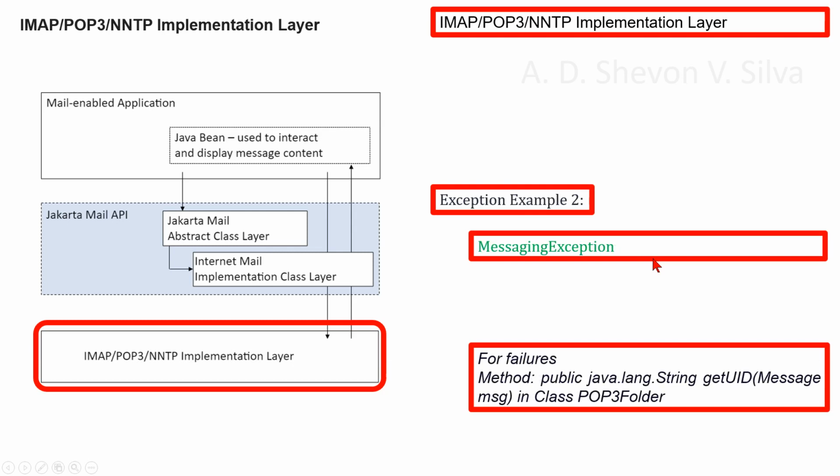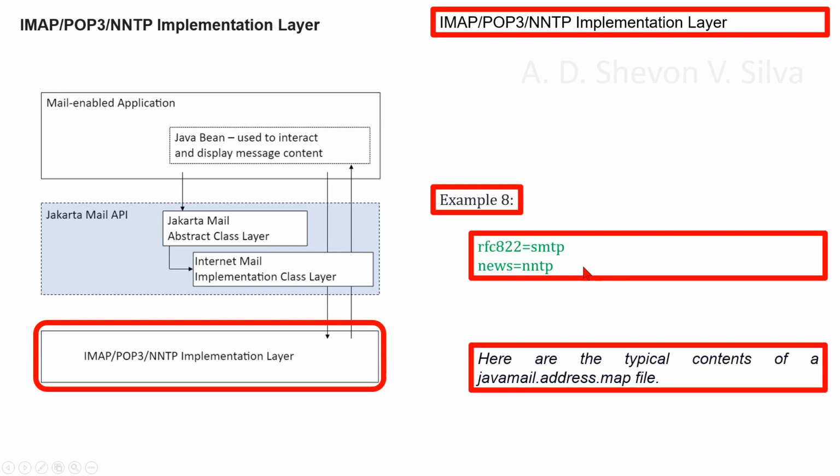As exception example 2, we can consider this one, MessagingException thrown for failures in method public java.lang.String getUID(Message msg) in class POP3Folder. As example 8, we can consider this typical content of a javamail.address.map file.